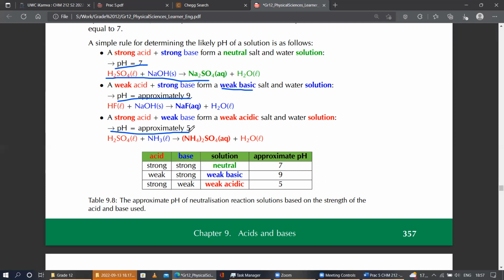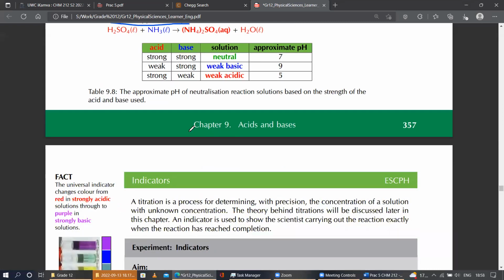If it's a weak acid and a strong base, the pH is going to be above 7. If it's a strong acid and a weak base, your pH is going to be below 7. I hope that makes sense.